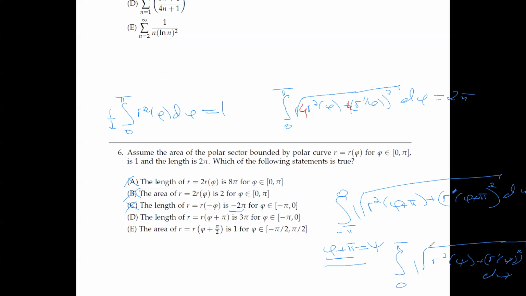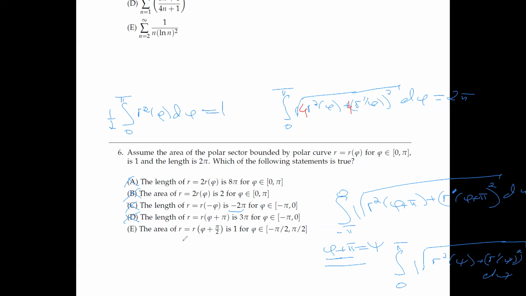So the length should be 2 pi. Actually, guys, when we are considering phi plus pi in a polar coordinate system, it's nothing else than rotation. We are rotating our curve, and by the rotation, of course, the length is not going to change. Most probably the right answer is E. Let's hope it is the case.